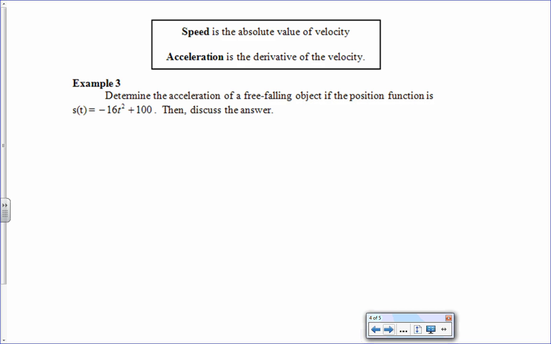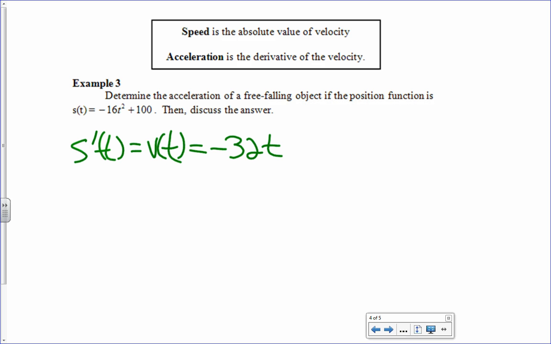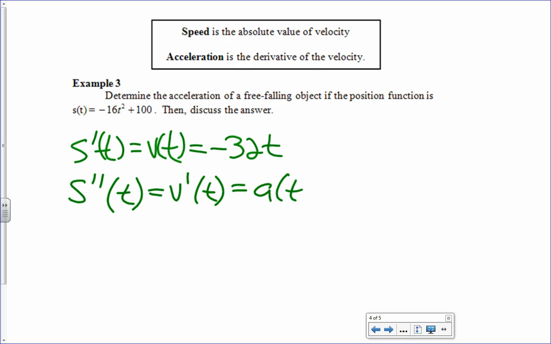So here we go. We have to find s prime of t. What's s again? S is position, right? So s prime of t is really just velocity, and we already did that one. It was negative 32t, correct? So that's the first derivative of position. The second derivative of position could be known as s double prime of t, or v prime of t, or a of t, which is the acceleration function.